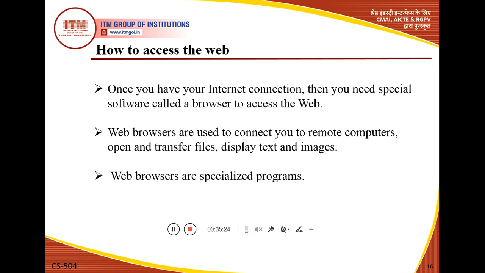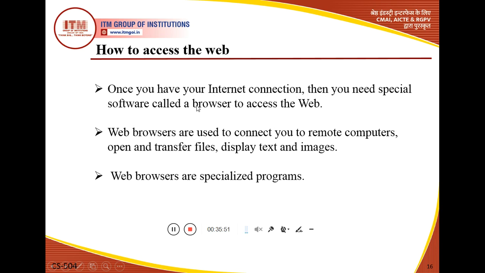Now if we want to access the web, what are the steps for accessing the web? The first important step is that you have your internet connection. If you have an internet connection, then you need a special type of software, and that particular software is called a web browser.